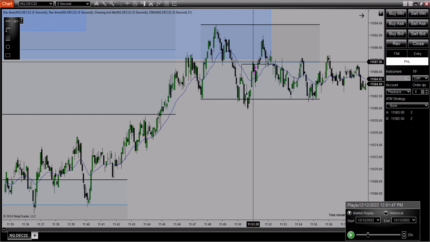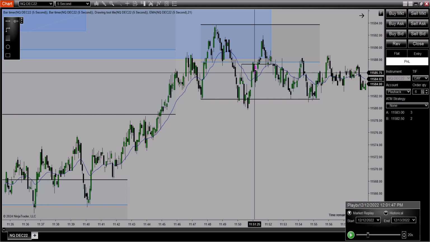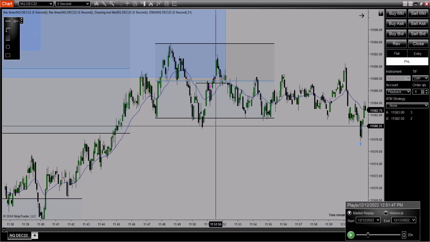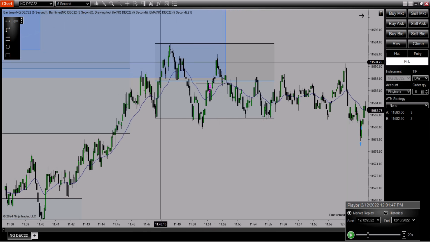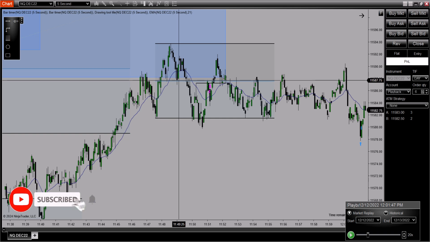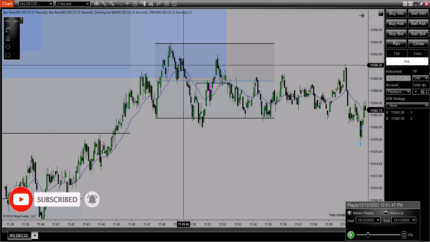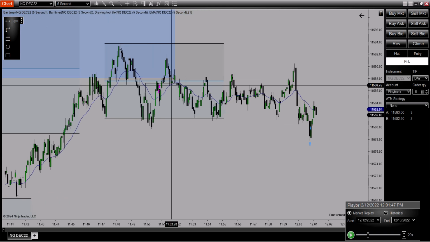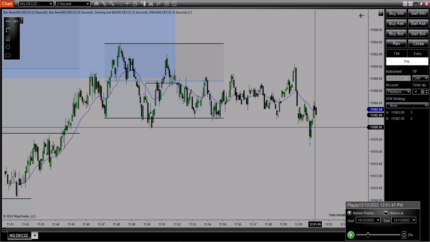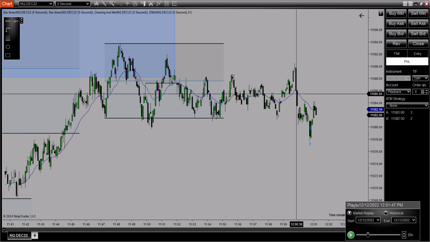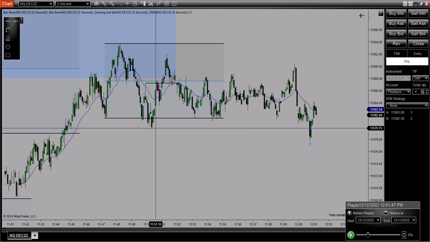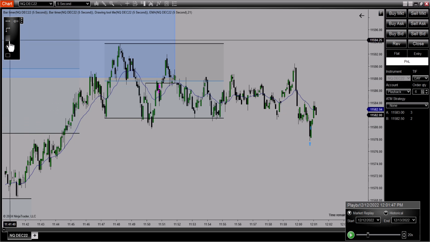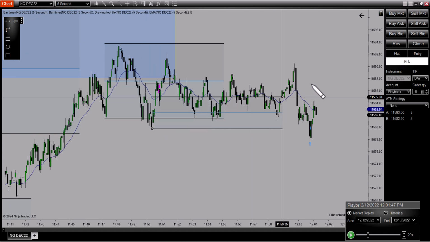We swept the high, and usually my trades go straight to TP right here, but one more time tapping into higher levels or higher swing points right here, unmitigated swing points, and then it took forever to hit my TP, but eventually we did hit TP and created a new swing point, which is this one right here.